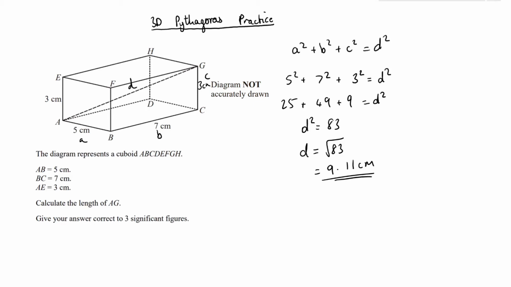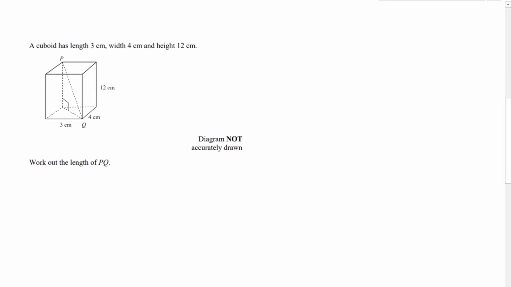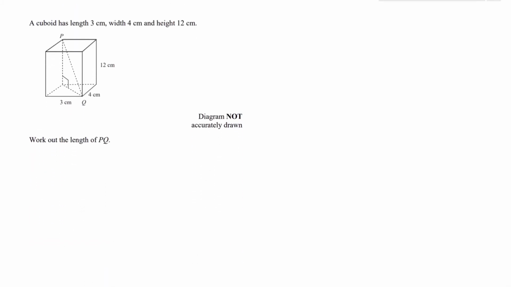And so now let's have a go at the second question. We've been given a cuboid again with the dimensions of 3 by 4 by 12. We said before this is going to be A, B, C, and the diagonal we're just going to call D. And we said in the case where it's a cuboid, we can say that A squared plus B squared plus C squared is equal to D squared. And then we just substitute in all the numbers.